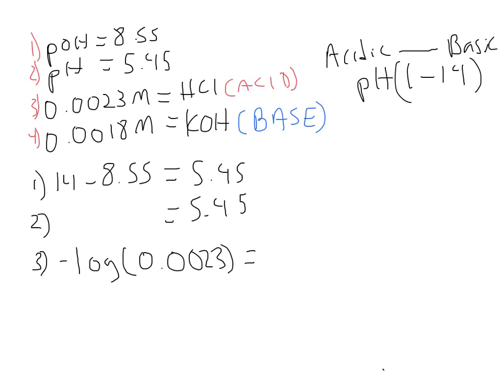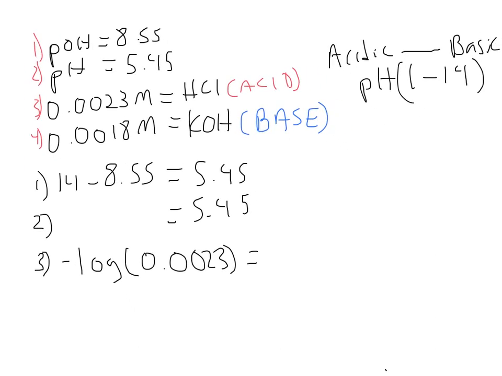That equals a value of 2.63. And is that the pH value or the pOH value? Well, you see, 0.0023 was associated with HCl, which is an acid. So when we do the negative log of that, it's going to give you the pH value.